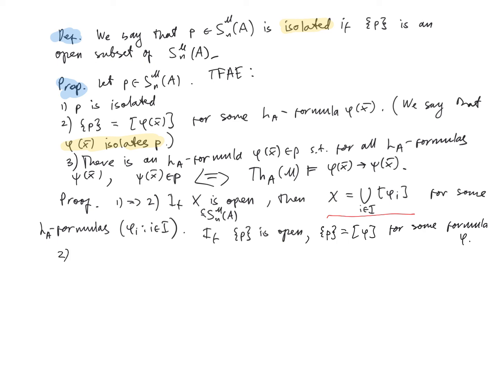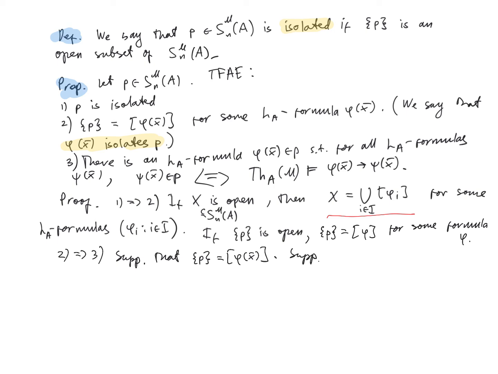Now we show that 2 implies 3. So suppose that the set consisting of a single element p is of this form, so it's equal to phi of x bar, all types containing phi of x bar for some phi.